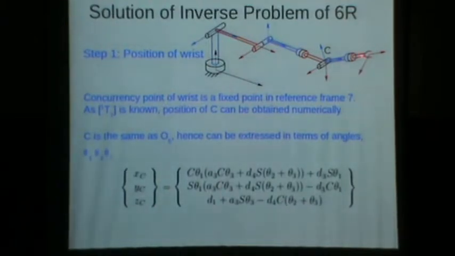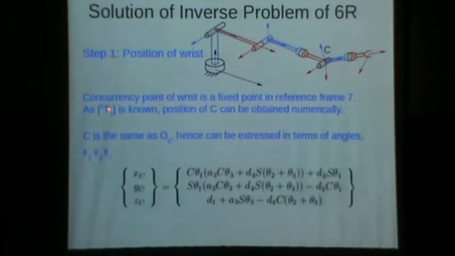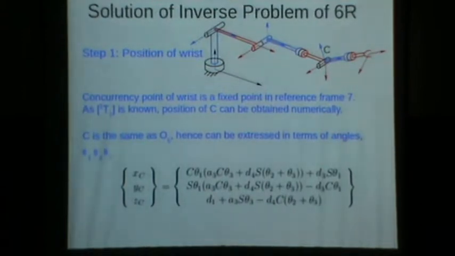Now, if we are given the position and orientation of the last link with respect to the first link, the position of any point on that can be obtained numerically. So the position of C can be obtained numerically from this particular position and orientation of the last link, and the position of this in the last link, because that is a fixed thing, that doesn't change, however much the mechanism moves.